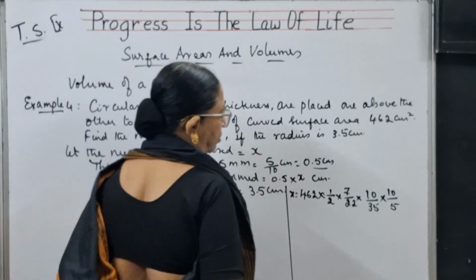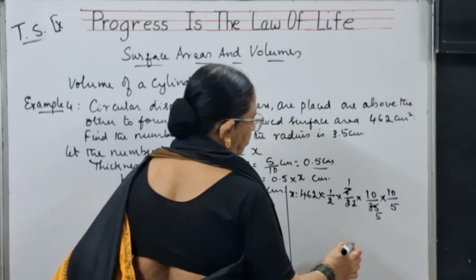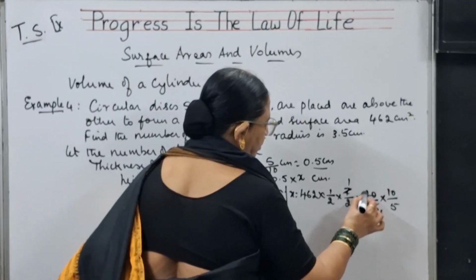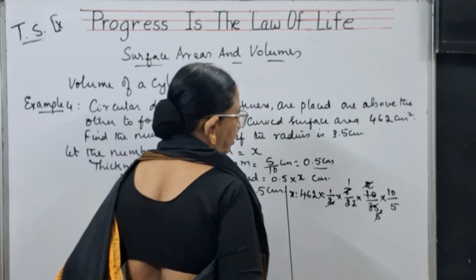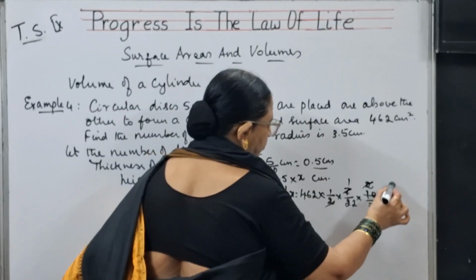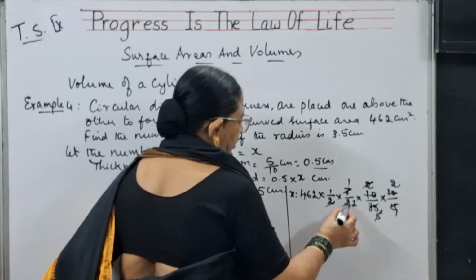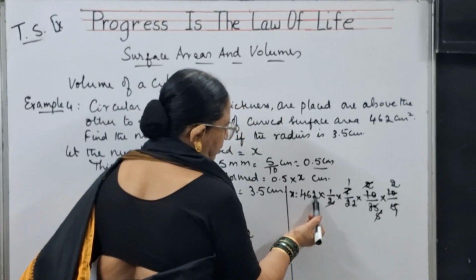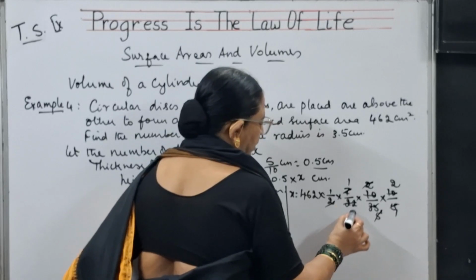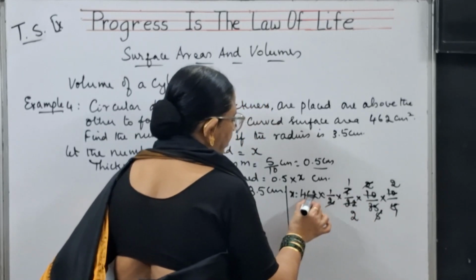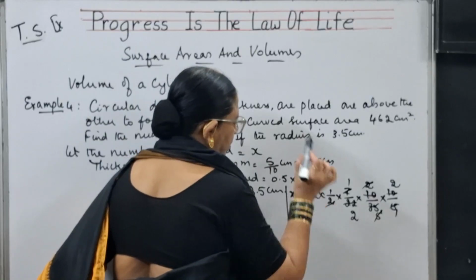So let us calculate. 7 ones are 7, 7 fives are 35, and 5 ones are 5, 5 twos are 10. This 2 and this 2 will get cancelled. Again, 22 can be cancelled by 11: 11 twos are 22, 11 fours are 44, 11 twos are 22.